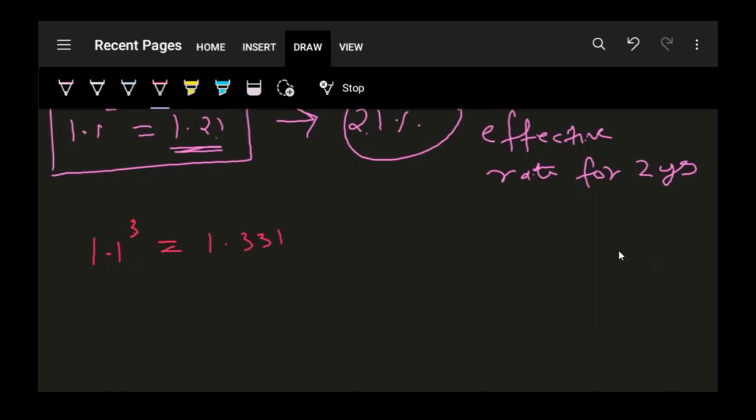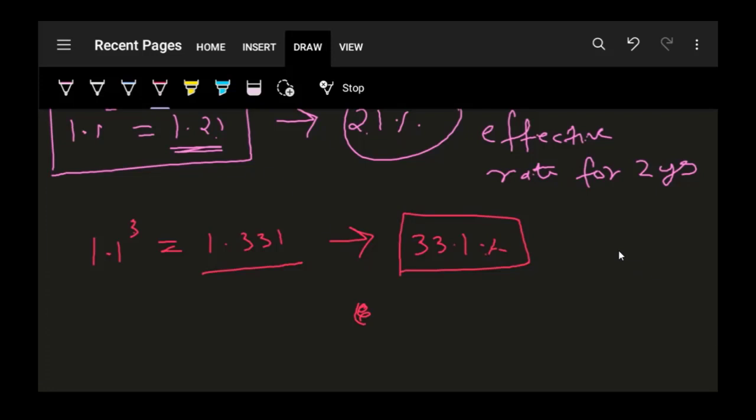So if I invest 1 at time 0, I will get 1.331 as a single amount at the end of the third year. So I see that I am earning an interest rate of 33.1% effectively in 3 years. Effective rate just means that I am earning net interest at the rate of 33.1% in 3 years. So my effective interest rate for 3 years will be this much.